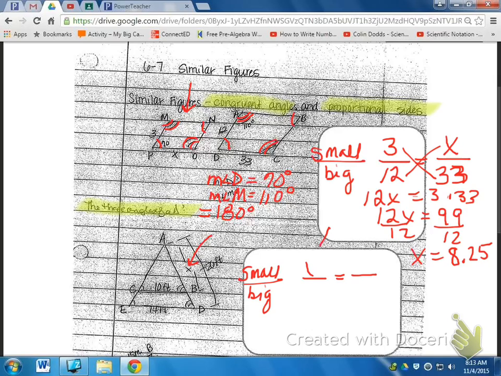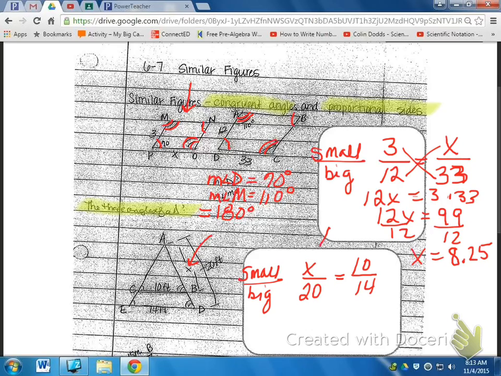X. X from the small triangle matches what from the big triangle? 20. Give me another measurement from the small triangle. 10. And what does it match from the big triangle? Cece? 14.